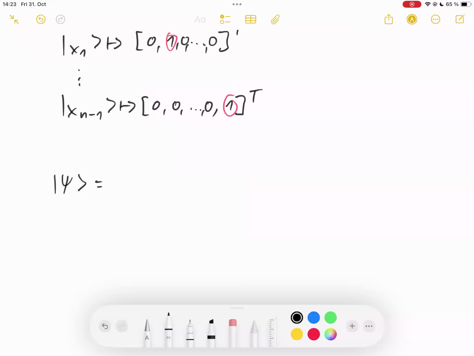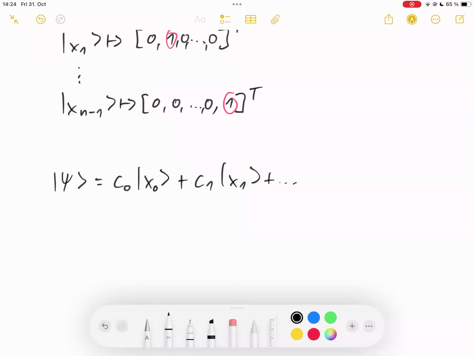So we can see this: we have C0 times x0 ket plus C1 times x1 ket plus dot dot dot up to the last entry, Cn minus 1 times xn minus 1 ket. And what you see here are these complex values, and these are just the ones we had before in our state.